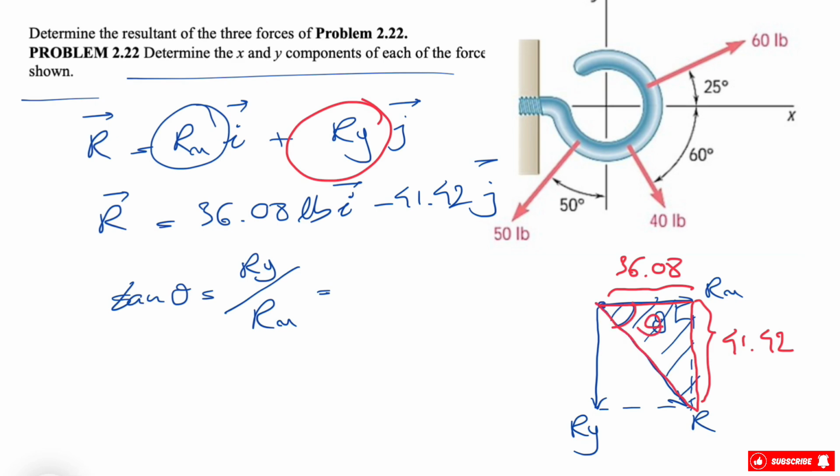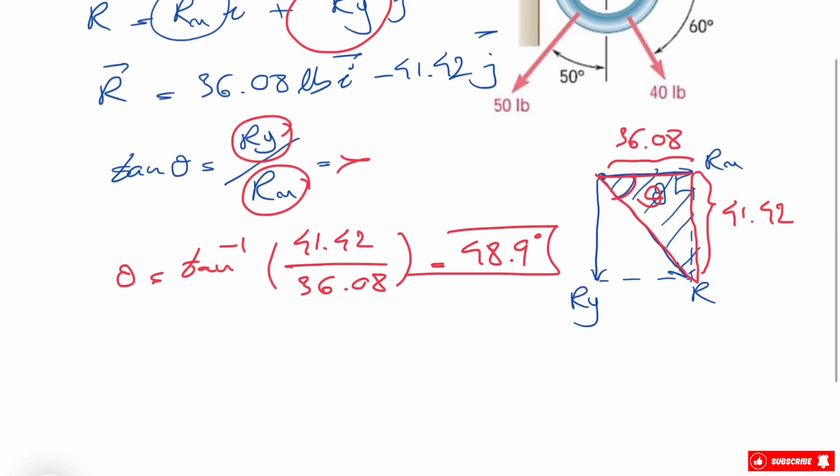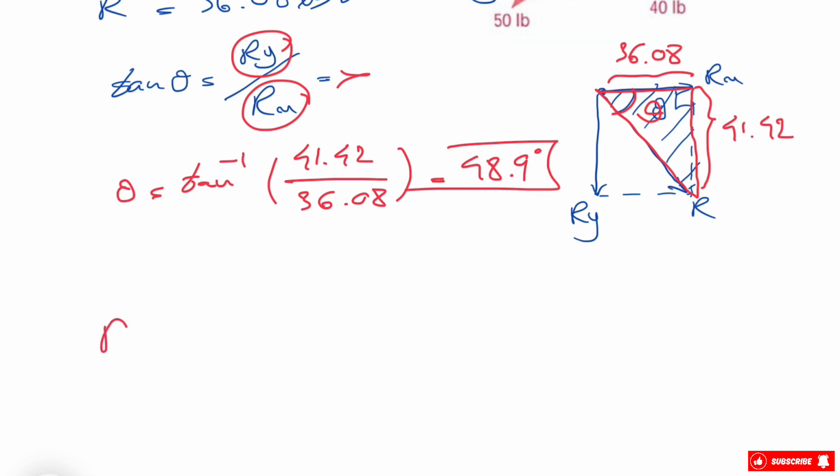So to find theta, we'll have the tangent inverse of the magnitude of Ry, which is 41.42, divided by 36.08. And if we calculate this, we'll get 48.9 degrees for theta.